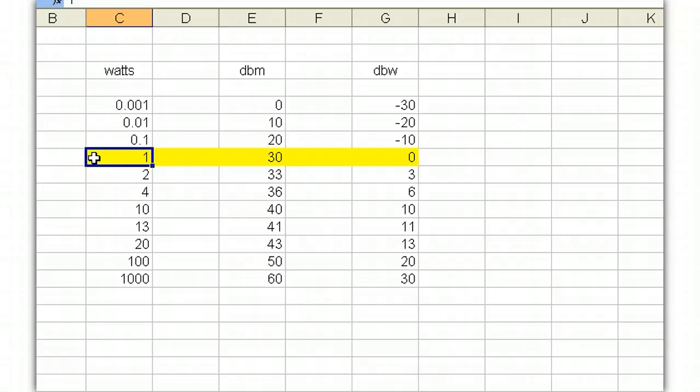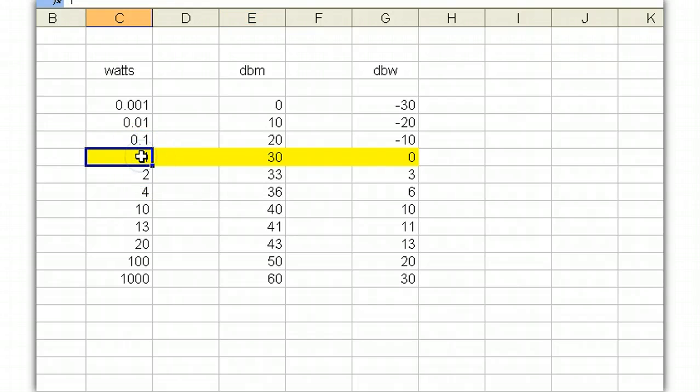It turns out that if we do the math, 1 watt turns out to be 30 dBm. Now notice if I go from 1 watt to 2 watts, it goes up by 3 dB. If I double it again, go from 2 watts to 4 watts, it now goes up by 3 dB.